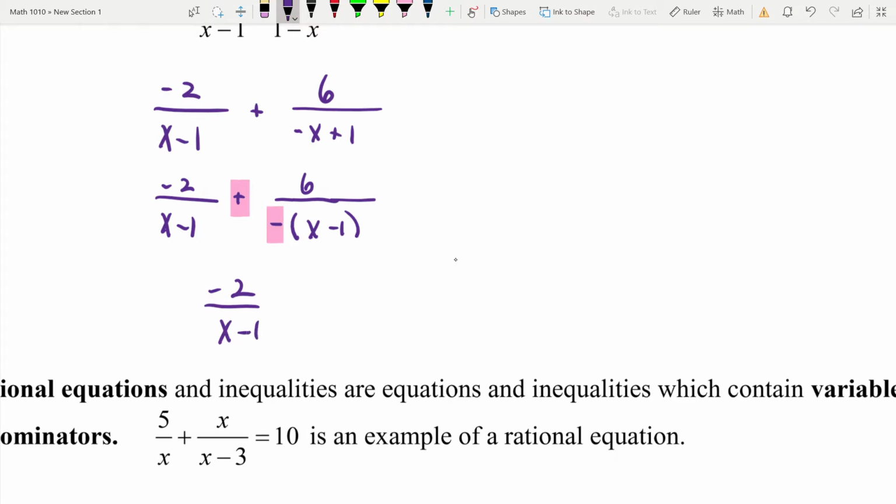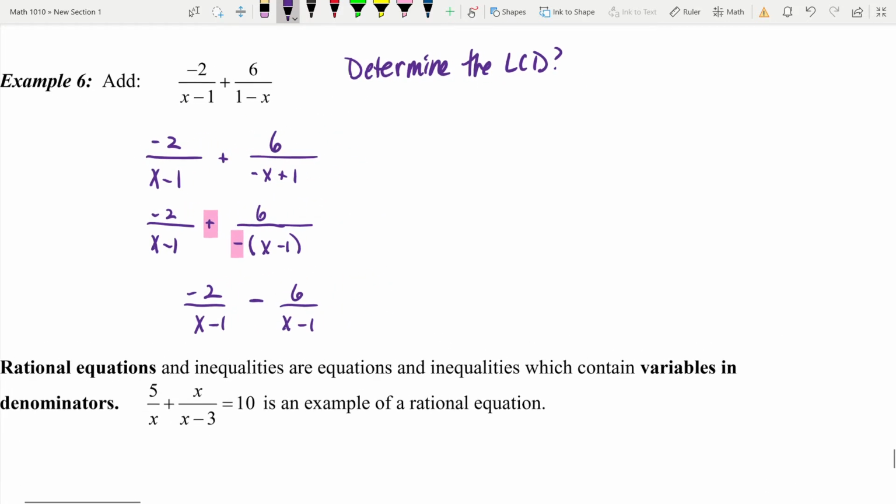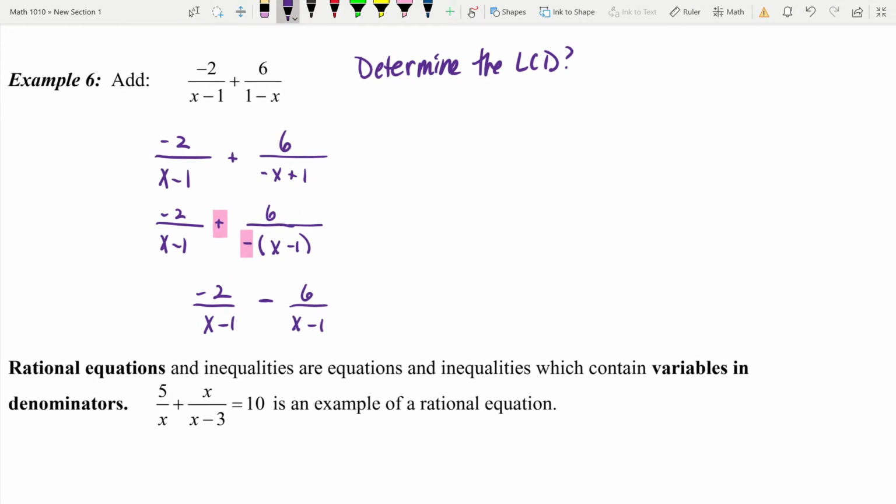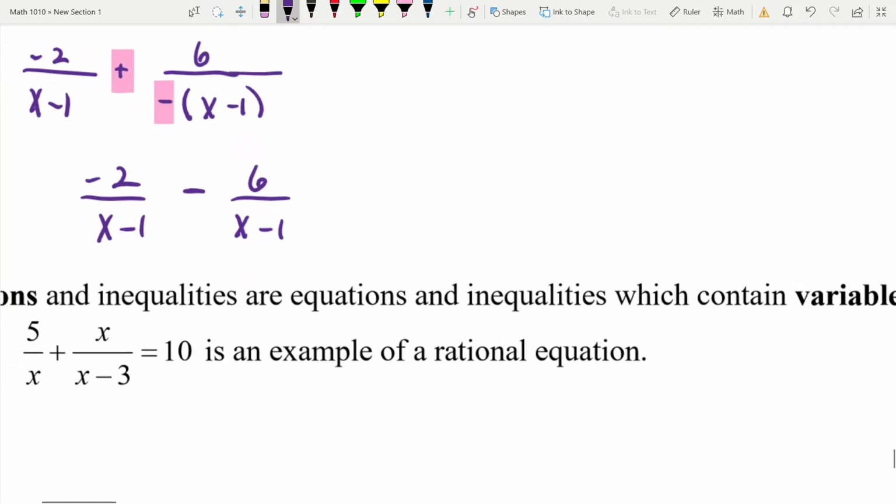A positive times a negative is a negative, and then you have 6 over x minus 1. So what's the question that's going to be on your midterm review? What's the least common denominator, everybody? x minus 1. Now let's actually do the problem. The bottom stays x minus 1. A negative 2 and a negative 6 is a negative 8. There's my answer.